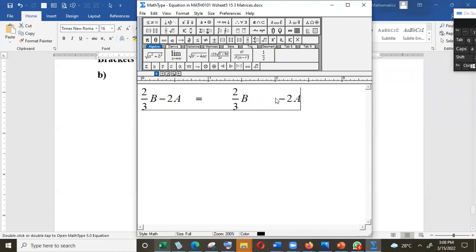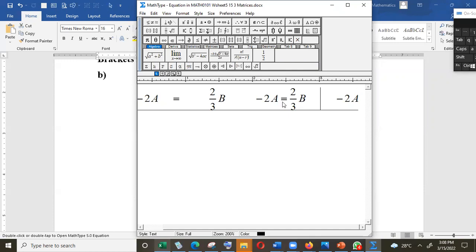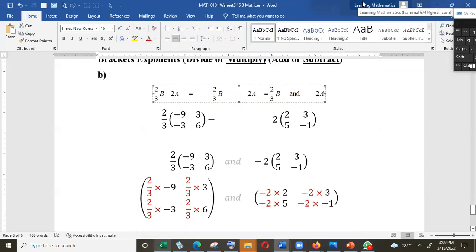When you do that, you can even put a little "and" between there, in that gap. That's 2/3 B and -2A.